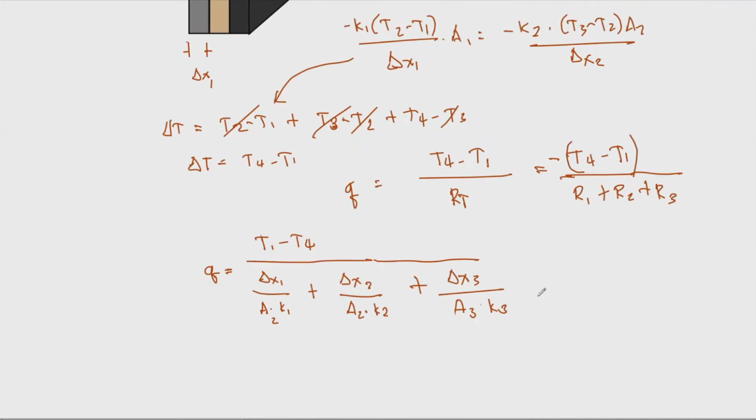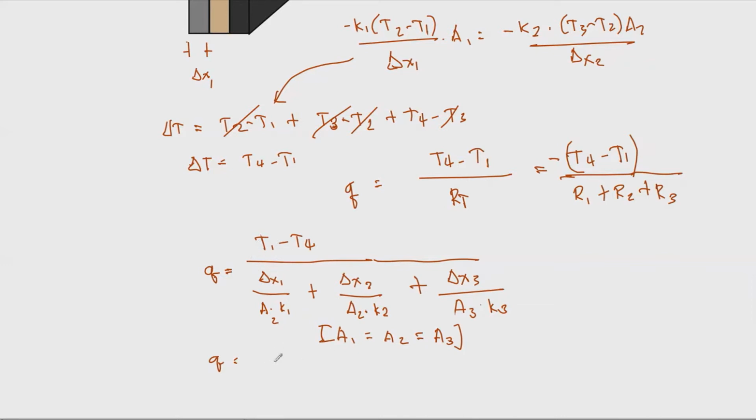What's good about slabs is that they usually have the same area for each face. So in that case, if area 1 is equal to area 2, and that is also equal to area 3, then we can substitute these in terms of A, and then simply factor it out of our equation.